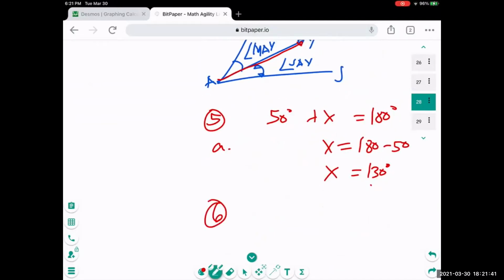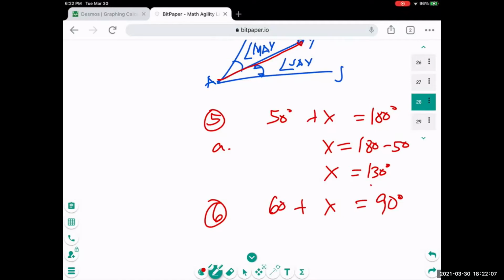What is the complement of the angle whose measure is 60 degrees? So in a complement, 60 plus x is 90. Complementary angles would have a sum of 90 degrees, right?